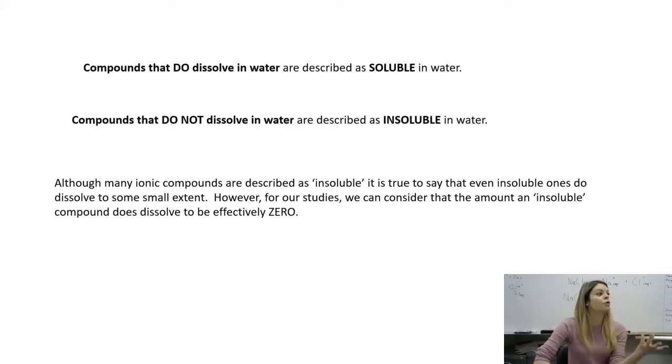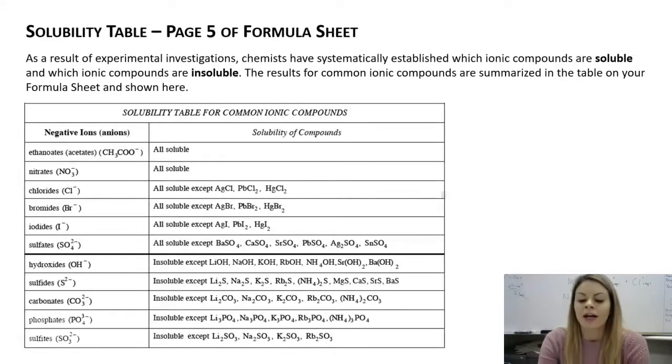Okay, and so more soluble substances have a higher saturation point. You can put more in and they'll continue to dissolve before it stops. So just be aware that in actual fact it is a grey scale, but for the purpose of this course, we look at it really black and white. These dissolve and these don't, and that's it. Okay? Okie dokie. This is on your formula sheet and it is the solubility table.